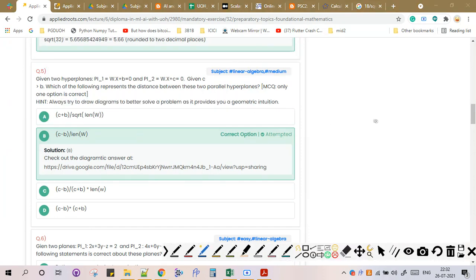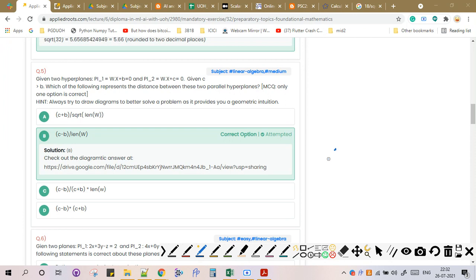Okay, so let's say this is the origin, and let's draw hyperplane 1 here and one more hyperplane here, and these two are parallel. The distance of the first from the origin is defined by w0 divided by mod w, where w0 is nothing but b, so b divided by mod w.